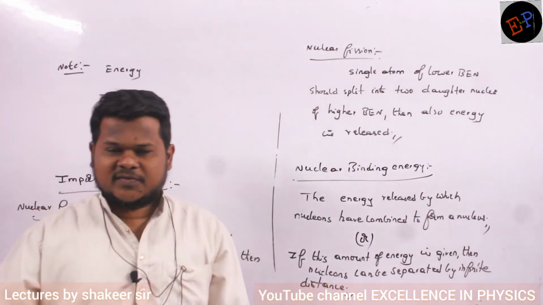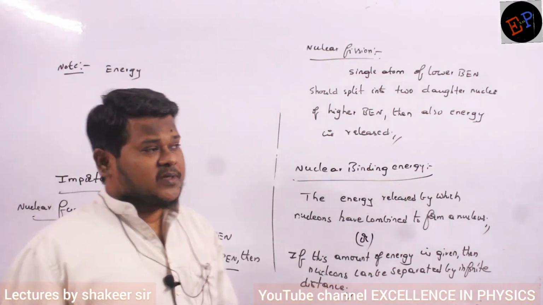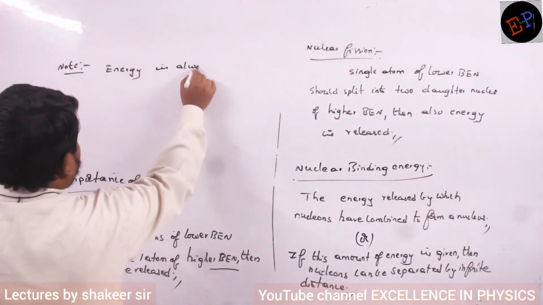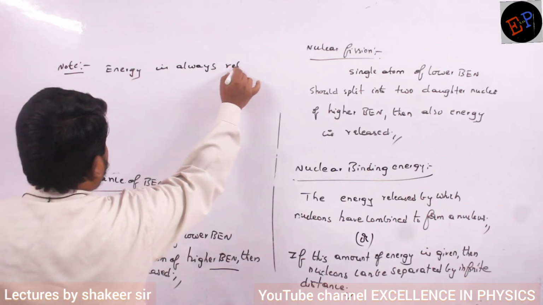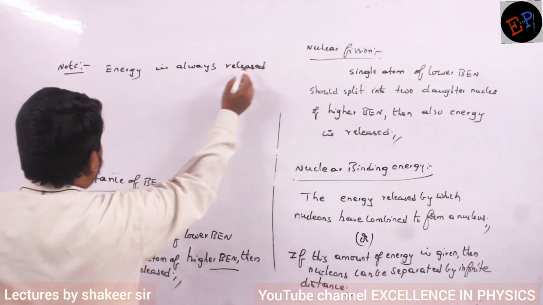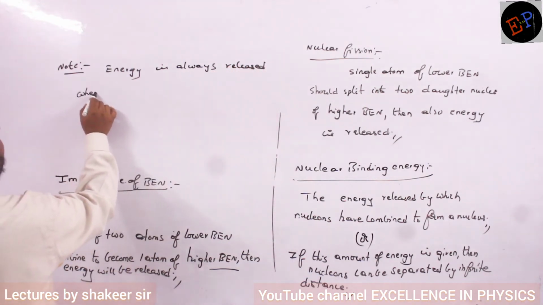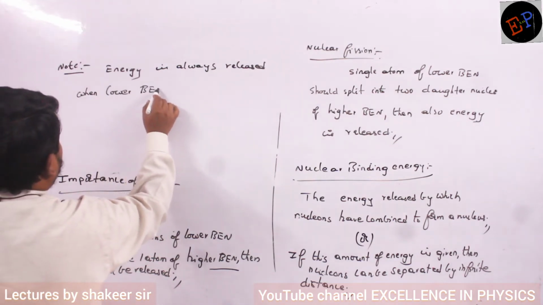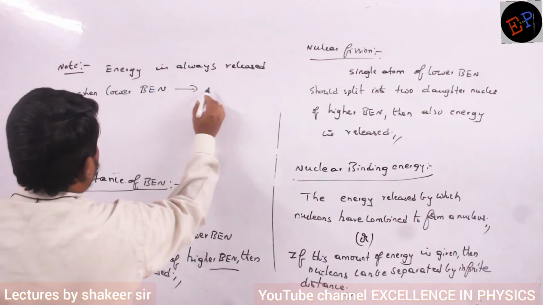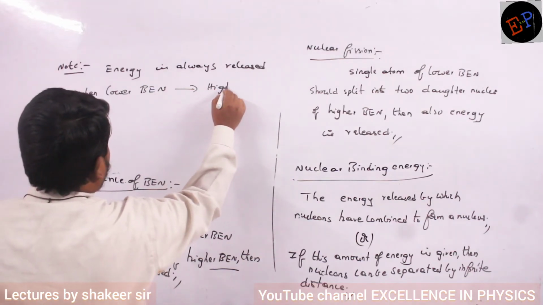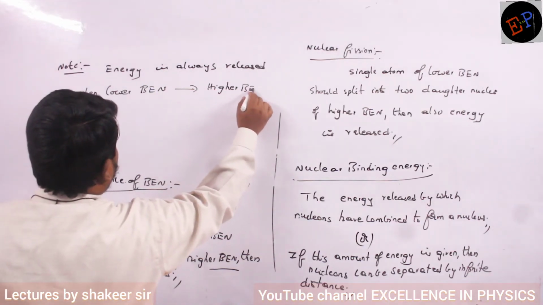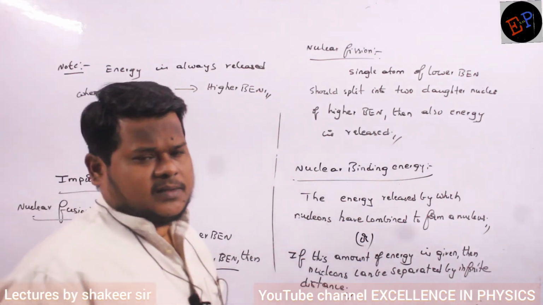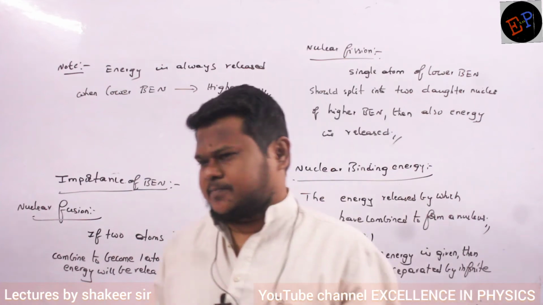That is the process happening in the sun. Are you able to understand? So energy is always released when lower binding energy per nucleon atoms convert into higher BEN. This is the most important point in this BEN concept.